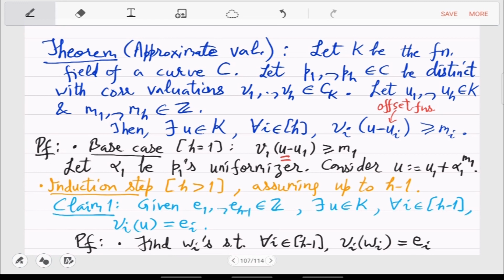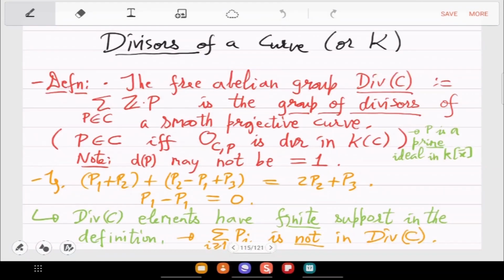So to study that in a big way, we define the divisors of a curve. So this is a new object. You take these primes or these points on the curve.